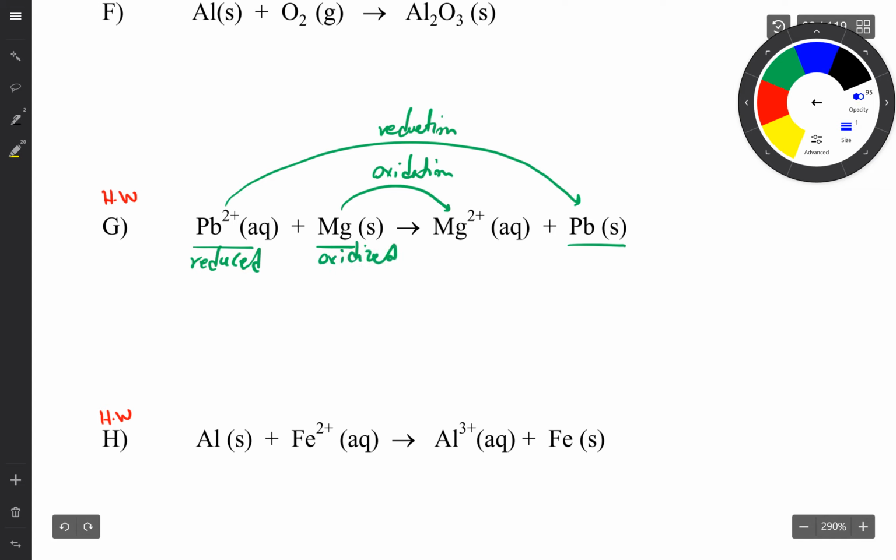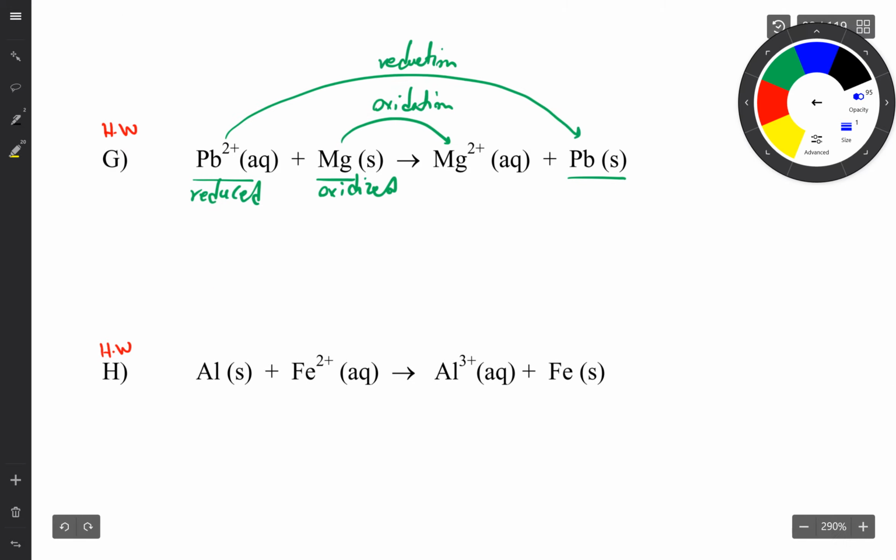So let's write the half equation for this reaction. First I write the oxidation half equation, and then I write the reduction half equation.